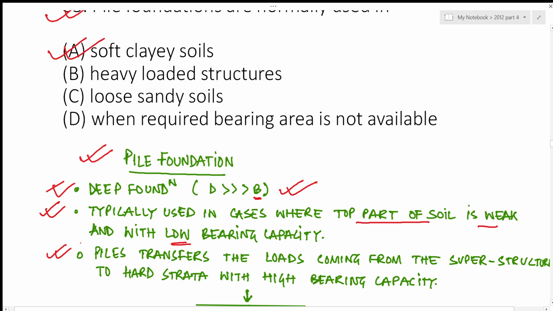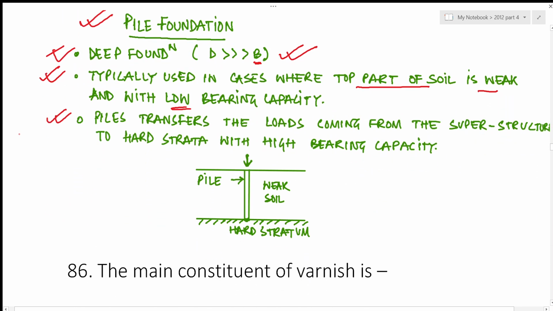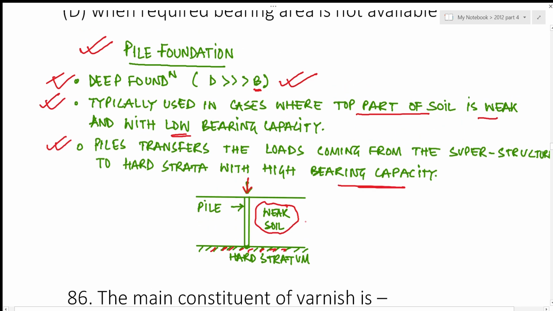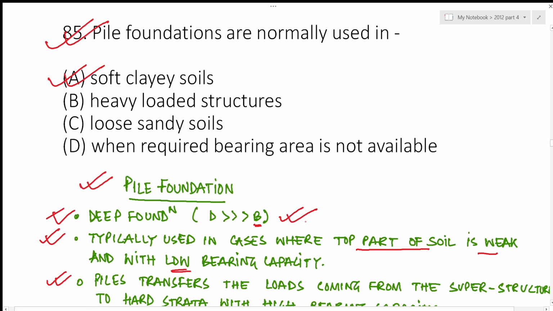Piles transfer the loads coming from the superstructure to the hard strata with high bearing capacity. So if this is a pile and the surface soil is weak in nature, piles transfer the load from the superstructure to the hard stratum, where the bearing capacity is enough to deal with the structural loads. So the answer should be soft clay soils.